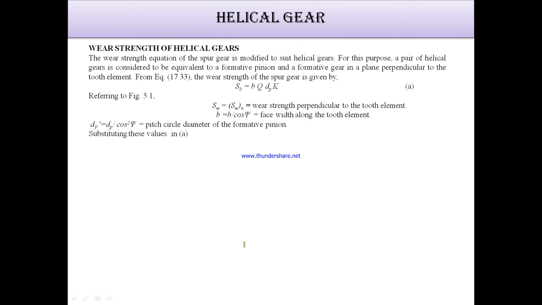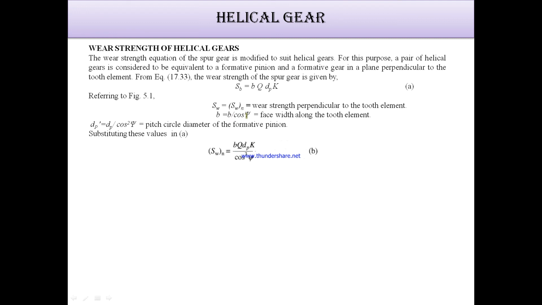Now in the same manner we are going to find the wear strength for the helical case. As we saw in the spur case, Sw is equal to b Q d p K. Just as we found the beam strength for helical gear, here Sw is equal to Sw normal, that is the normal, and b is equal to b upon cos of psi.